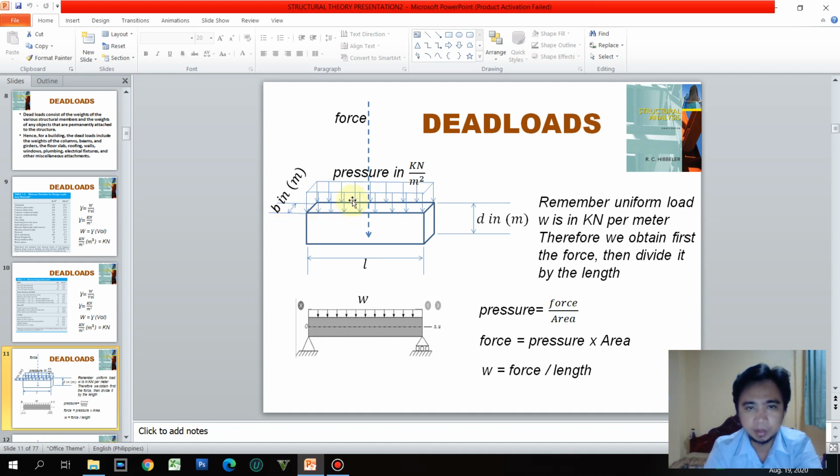Say for example, this pressure is along the horizontal surface here. We multiply it by the certain area covered by this side, and then divide it by the length of distribution. Remember, uniform load W is in kilonewton per meter. Therefore, we obtain first the force, then divide it by the length. So that's it.